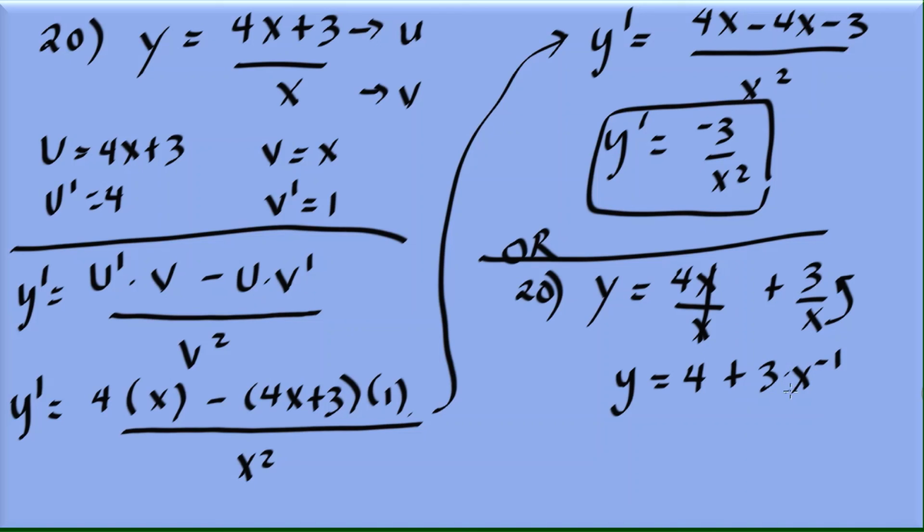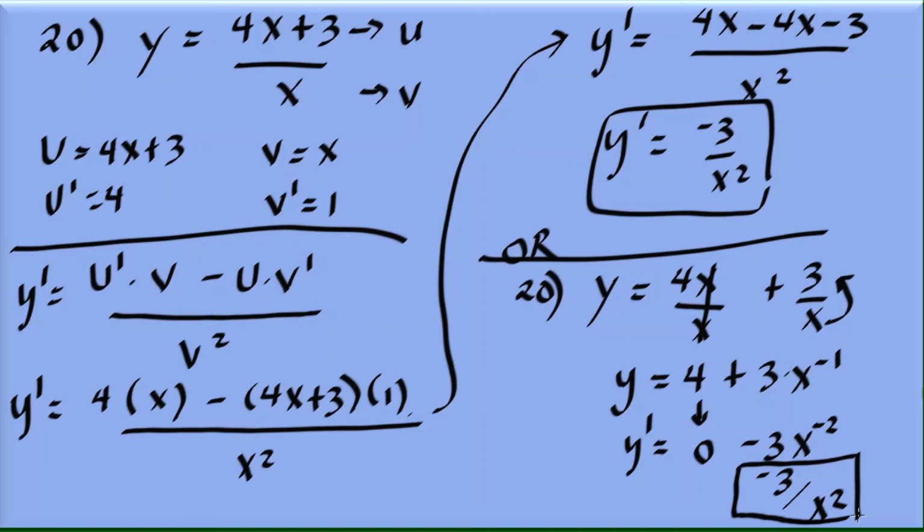So that is no longer a quotient rule question. That's a power rule. So our y prime will be 0 for the 4, and then negative 1 times 3 is negative 3, x to the negative 1 minus 1, which is negative 2. So this gives us negative 3 over x squared as our final derivative.